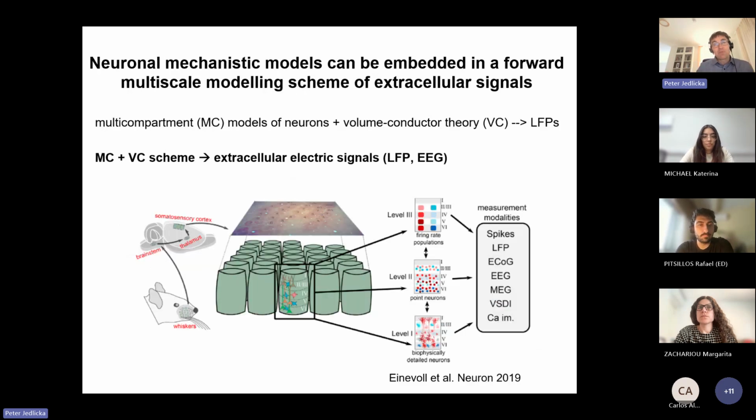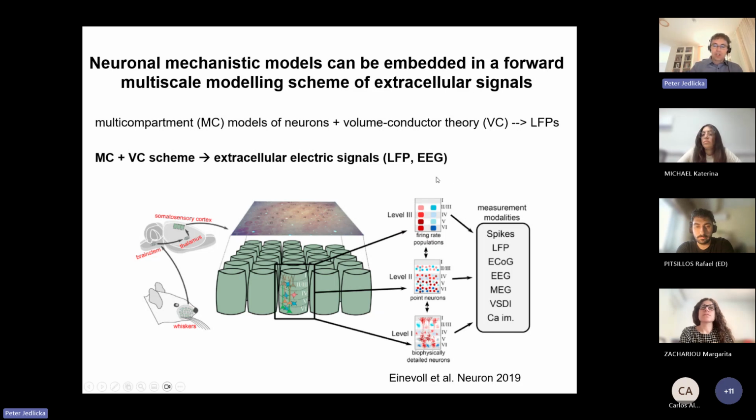Here, just very briefly, I want to mention that you can combine this classical compartmental modeling, Hodgkin-Huxley type modeling, with volume conductor theory. And this has been well established in the past years, mainly by the group of Gaute Einevoll. If you combine these multi-compartment models, MC, with volume conductor theory, then you can also model in a very rigorous way extracellular electric signals like LFPs, EEGs.